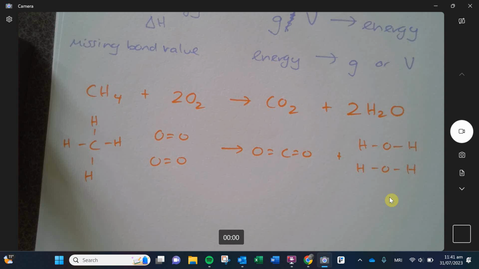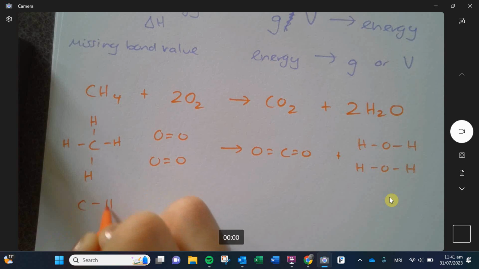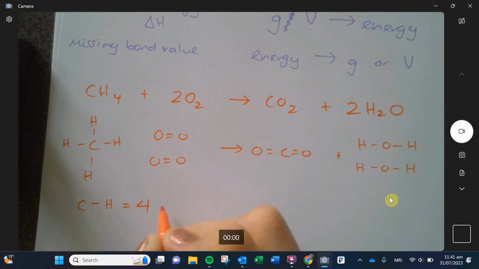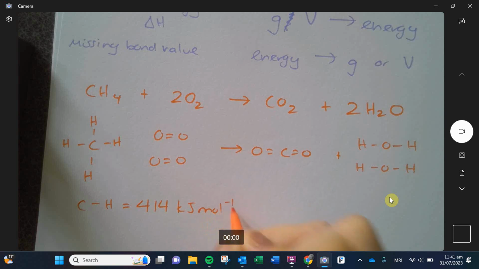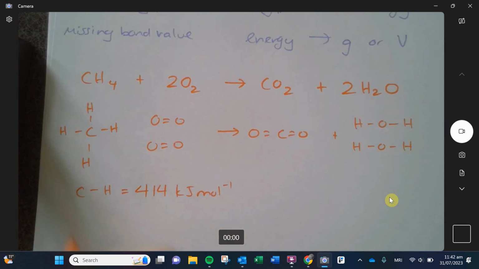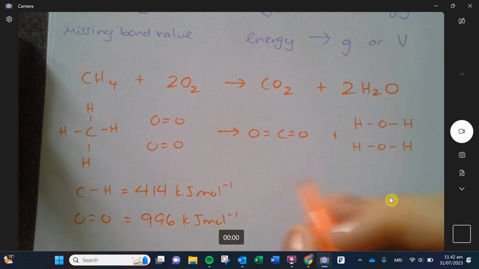The other thing they will give you is the value of all the different bonds. So they'll tell you that a carbon-hydrogen bond is 414 kilojoules per mole, that an oxygen double bond is 996 kilojoules per mole. So this will all be provided in the question.